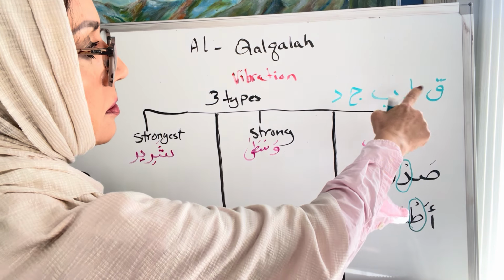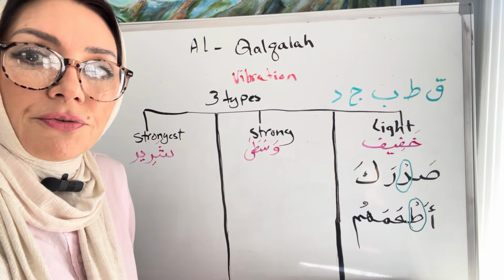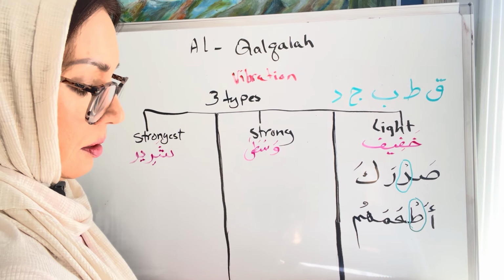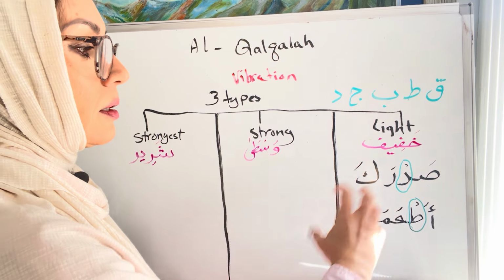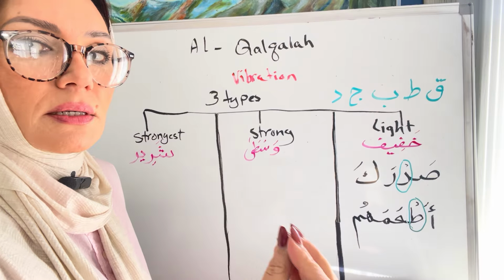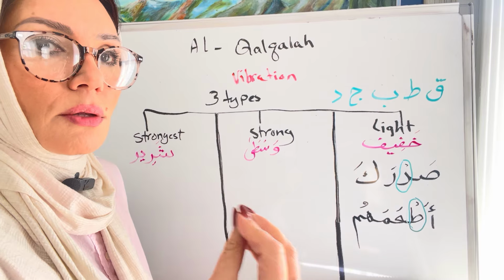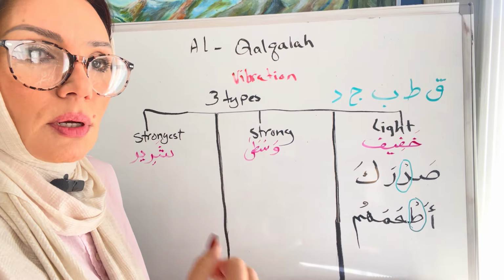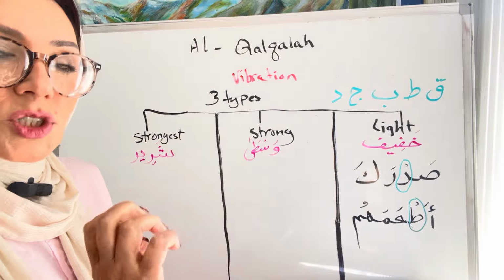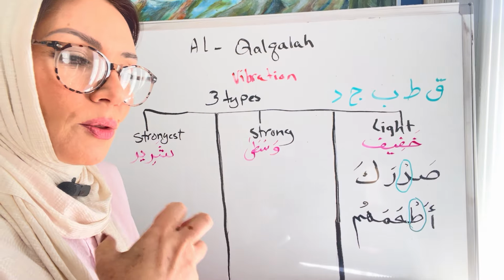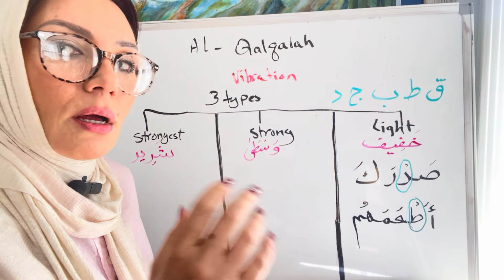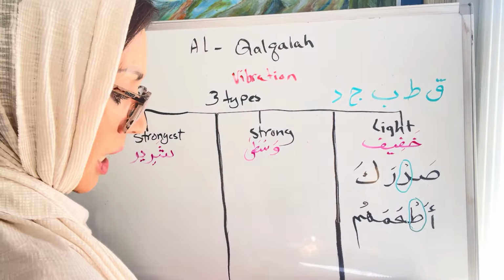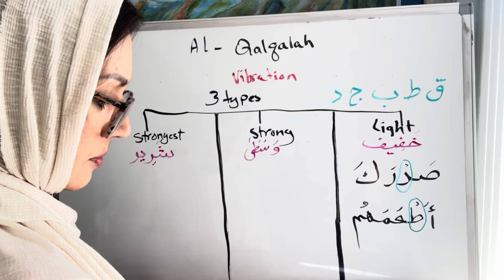Ta is a huruf of qalqala, and it is in the middle of the word. So we give the qalqala, but it's very light: أطع أطعمهم, right? Just for a little emphasis, so we know how to pronounce it.